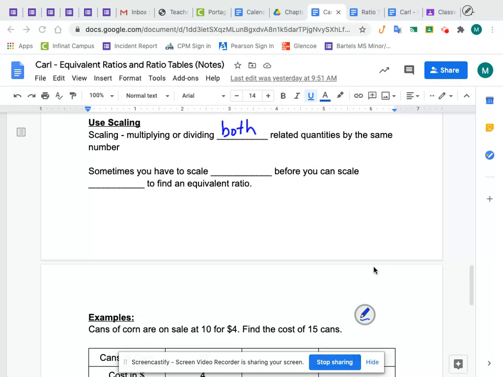Sometimes you have to scale back, which means you may have to divide first before you can scale forward to multiply. And that's what you're going to end up doing in these next few examples.